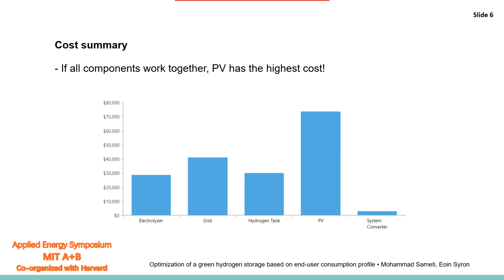And then after that, we have the cost of the grid, and that is because the storage tank did not provide enough hydrogen that we need, or because it was during the night, so the grid should be used. After that, we have the cost of the electrolyzer based on its size, and the hydrogen tank. After that, hydrogen tank and electrolyzer have almost the same cost.